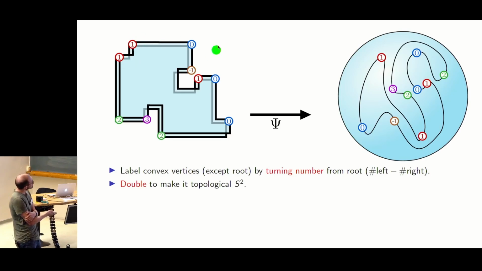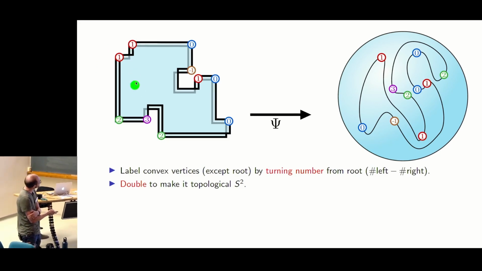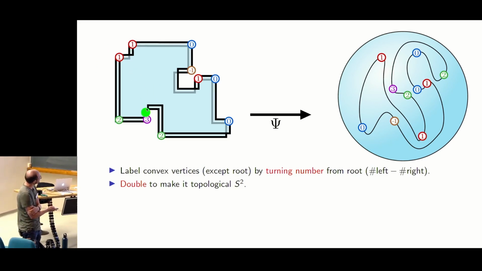Now these vertices should be points on the sphere, because I want to build a planar map. So how can I think of them as points in the sphere? Well, I take my polygon and I double it. So I take 2 copies of the polygon and I glue them along the whole boundary. So that gives me a topological sphere with my corners being points on the sphere and then a Hamiltonian cycle.